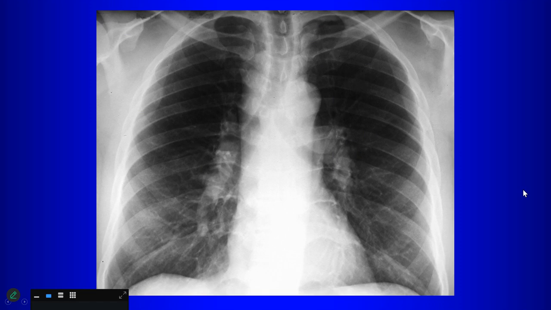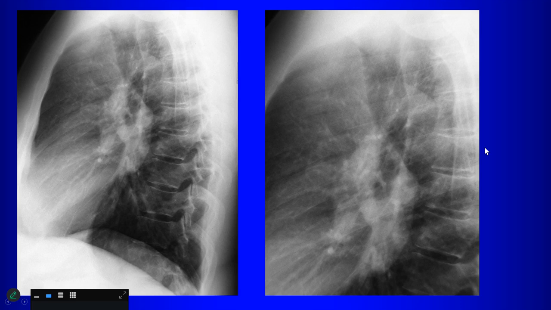Okay? So in this patient, looking at the x-ray, the frontal view, anything bothering you? Left hilar. You worried a little bit about the left hilum? You like the right paratracheal region? Plus, minus? I don't know. I don't see a good paratracheal line there. So let's pull out the lateral. And what do you see?